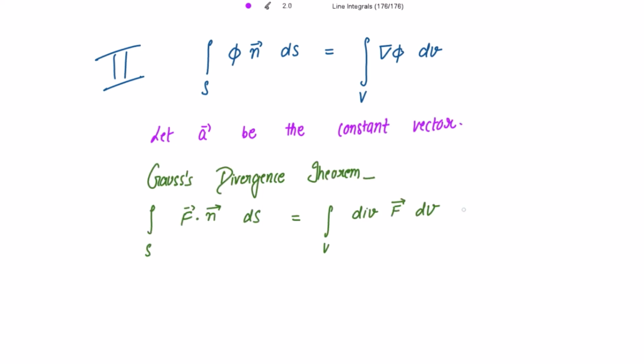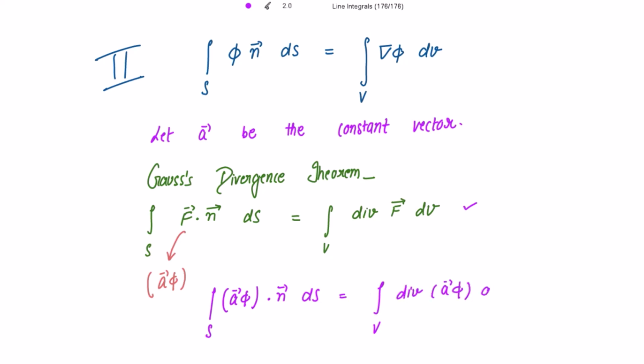And now again we have to use Gauss's Divergence Theorem. Now I am going to replace this F vector with A vector phi. The surface integral of A vector phi, its dot product with N vector ds, is equal to the volume integral of the divergence of A vector phi dv. Right? Is it okay?